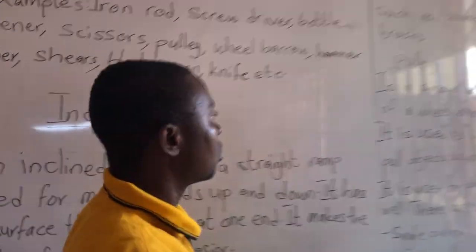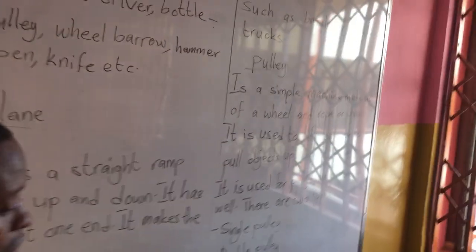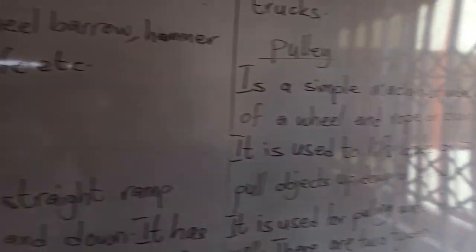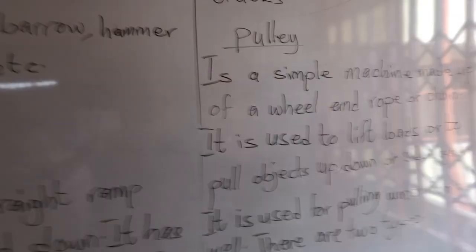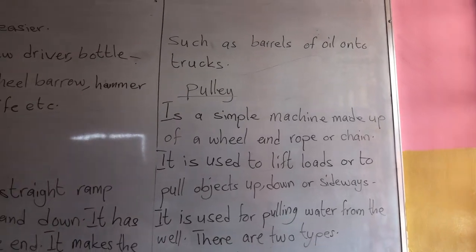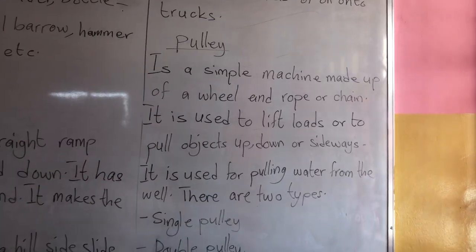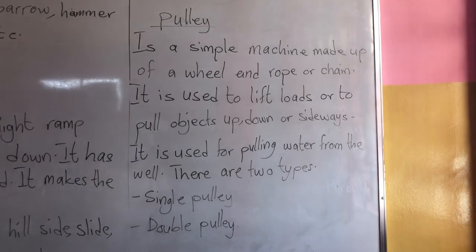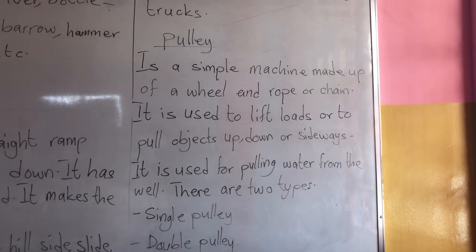Let's continue with a pulley. A pulley is a simple machine made up of a wheel and a rope or chain. Good.